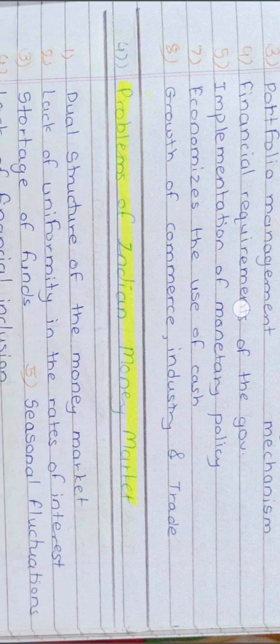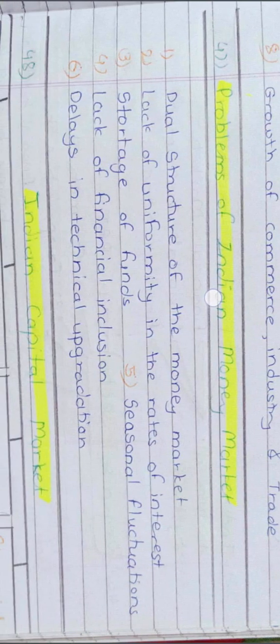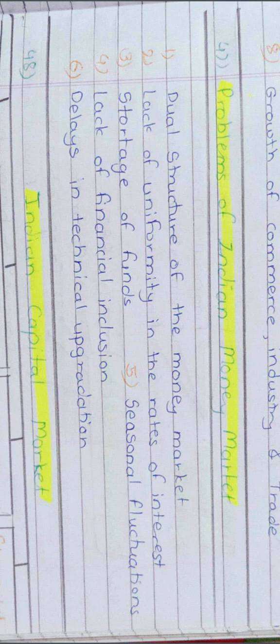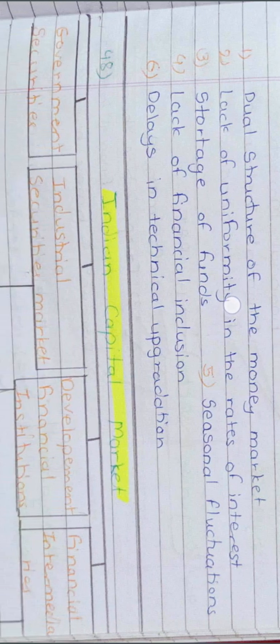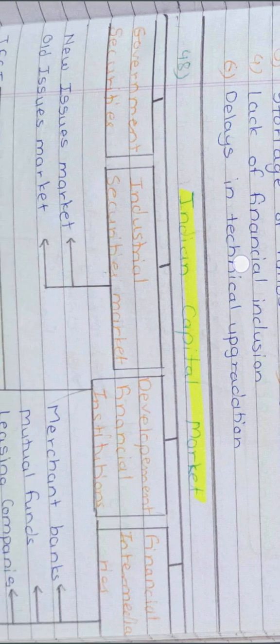Next is problems of the Indian money market. Dual structure of the money market, lack of uniformity in the rates of interest, shortage of funds, seasonal fluctuations, lack of financial inclusion, delays in technical upgradation.